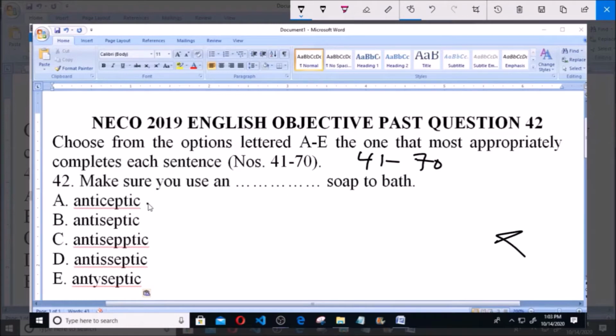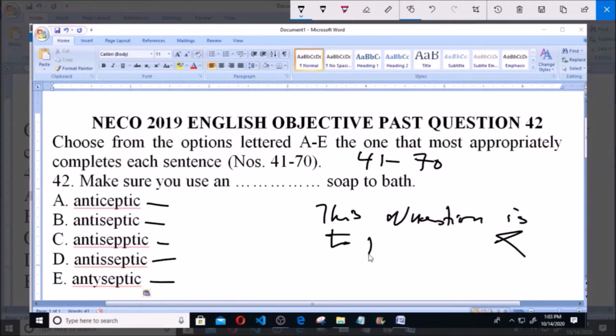Options A to E are different spellings of antiseptic. This question is to test spelling skill.